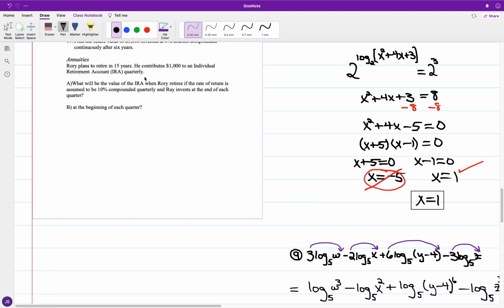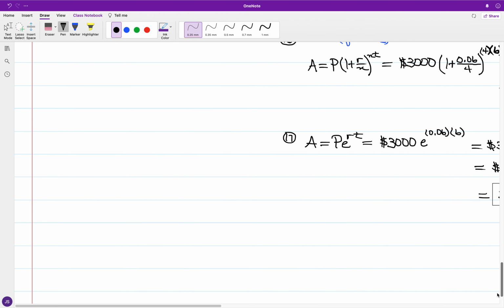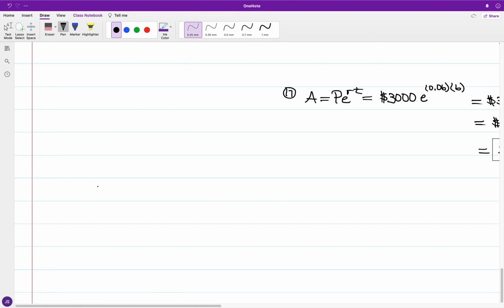It says he contributes $1,000 to an IRA on a quarterly basis, and it's asking what the value of the IRA would be when Rory retires if the rate of return is assumed to be 10% compounded quarterly, and he invests at the end of each quarter. So we have the annuity situation.